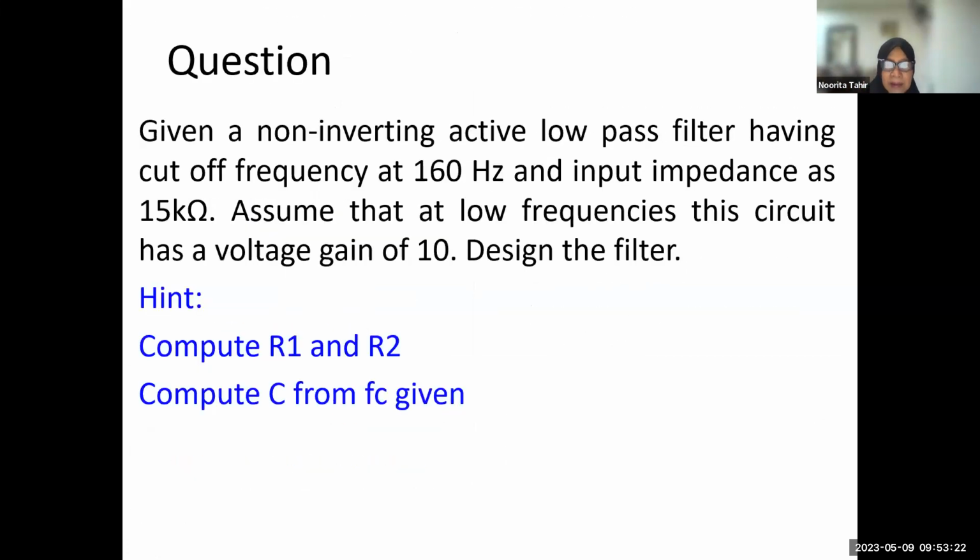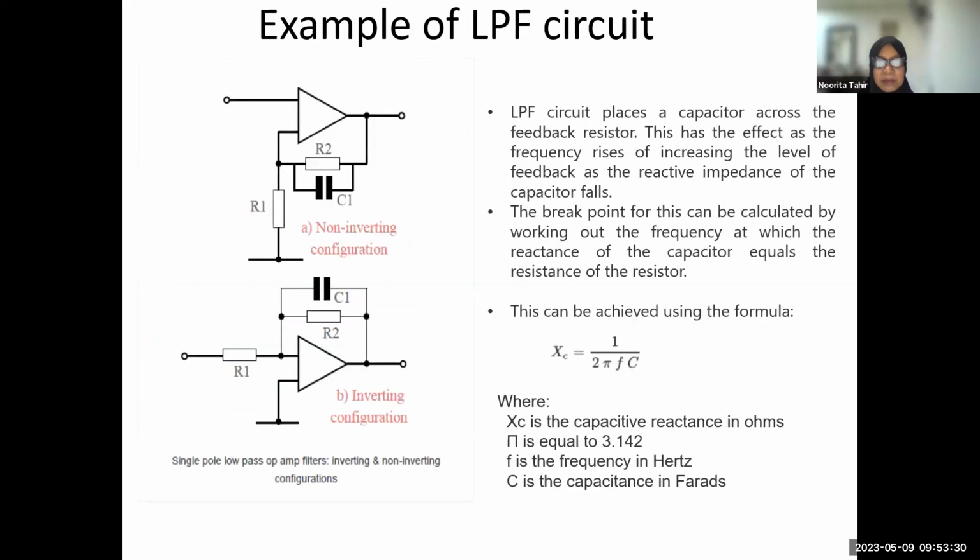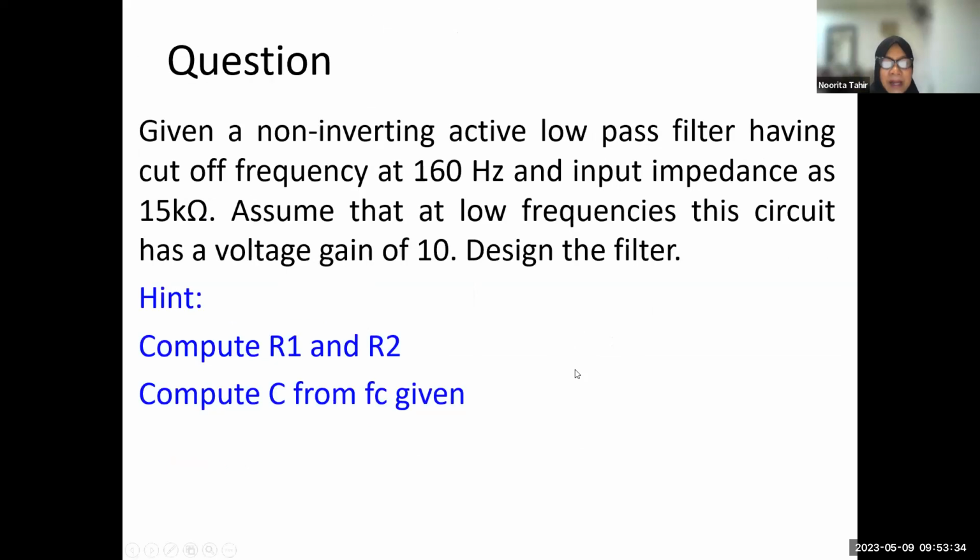The input impedance is 15 kilo ohm, which means XC is 15K. So what you need to do is assume that at low frequency, this circuit has a voltage gain of 10. So design the filter.